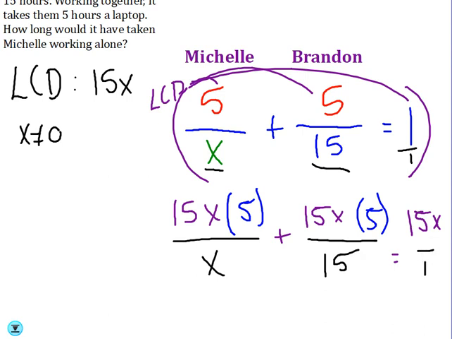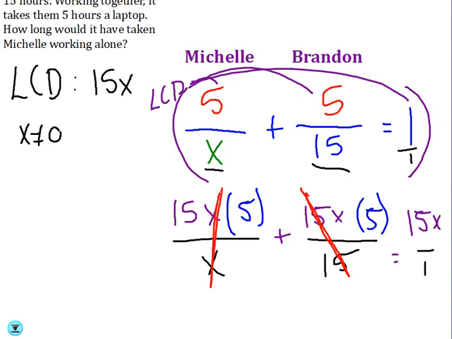Now we can go through and simplify the things that cancel out. So in our first one, the x's simplify out. The next one, the 15s simplify out. And the last piece on the right, none of these cancel out.